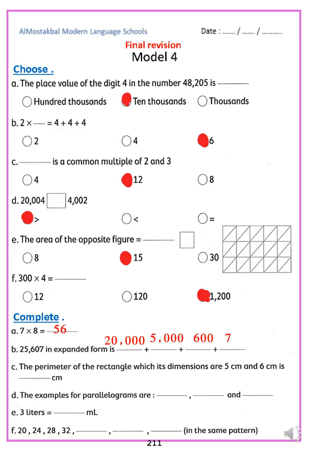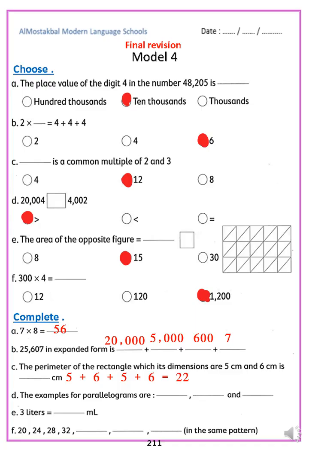The next question. The perimeter of the rectangle, which its dimensions are 5 centimeters and 6 centimeters, is 5 plus 6 plus 5 plus 6 equals 22.